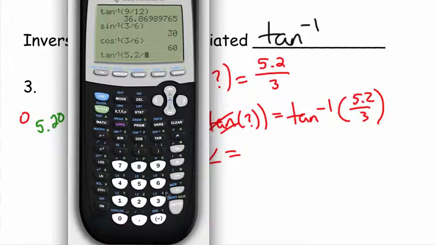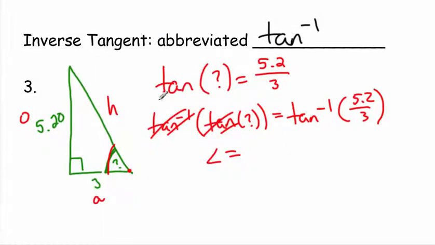And I get 60.01836. So I get 60 degrees, which is exactly what I was expecting. I know I rounded the 5.2, so it isn't going to be perfect, but I expect it to be 60.